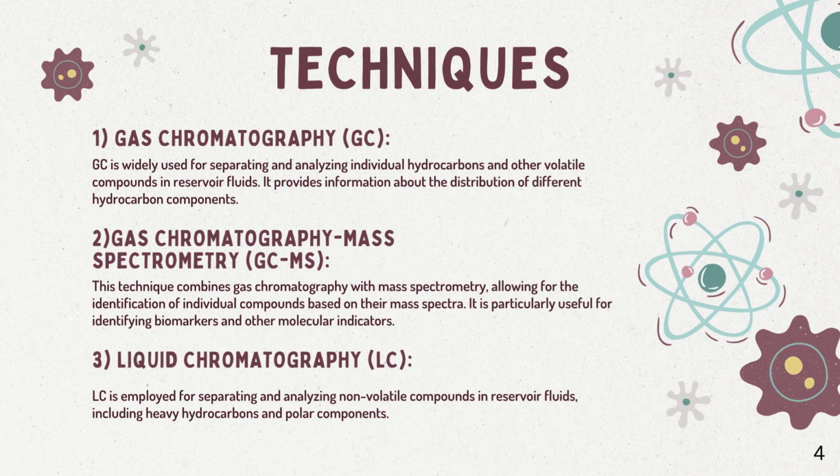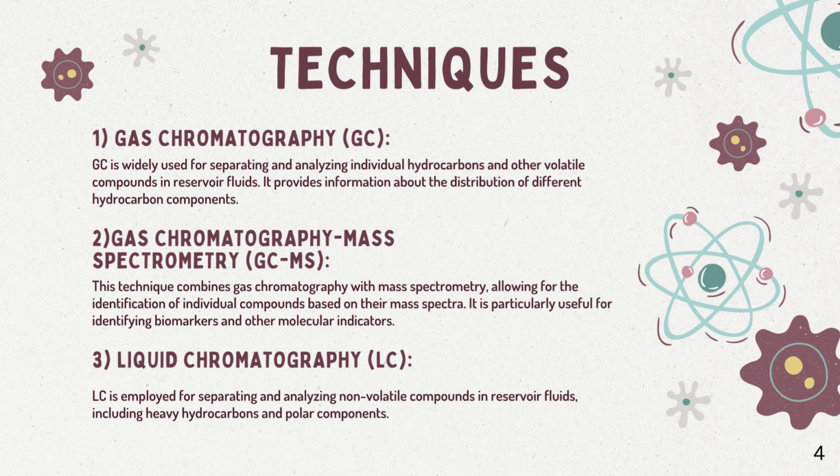So next is gas chromatography and mass spectrometry. This technique combines gas chromatography with mass spectrometry, allowing for the identification of individual compounds based on their mass spectra. It is particularly useful for identifying biomarkers and other molecular indicators. Next one is liquid chromatography.